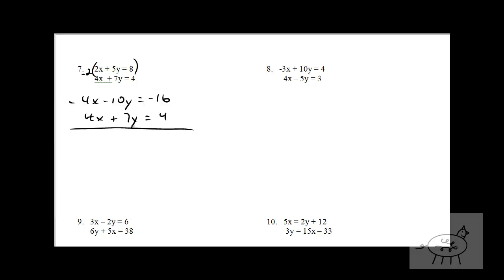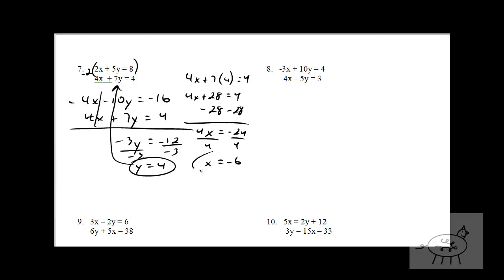Okay, so the x's cancel, and I get negative 3y equals negative 12. Divide by negative 3, y equals 4. Okay, and this one doesn't matter, it's the same thing. So I might as well plug it into the second equation.